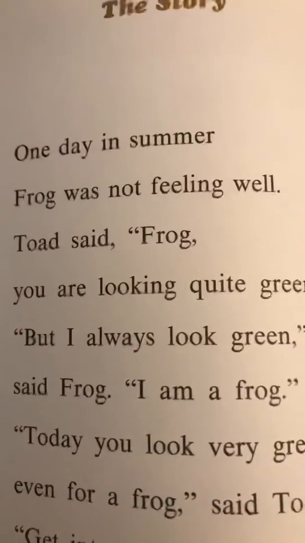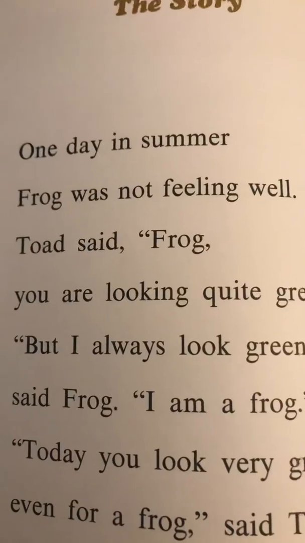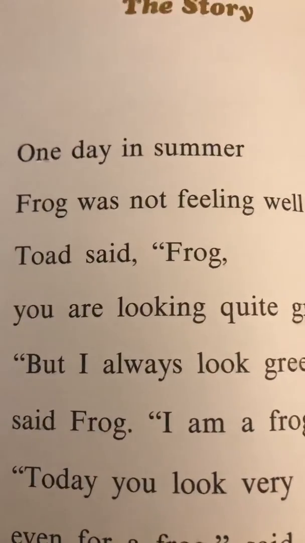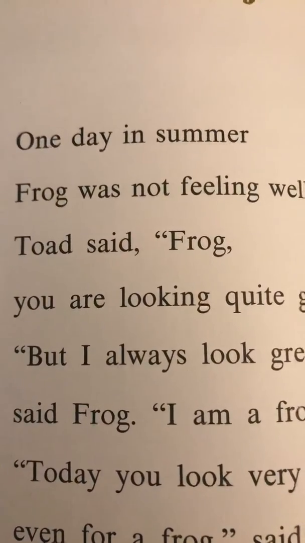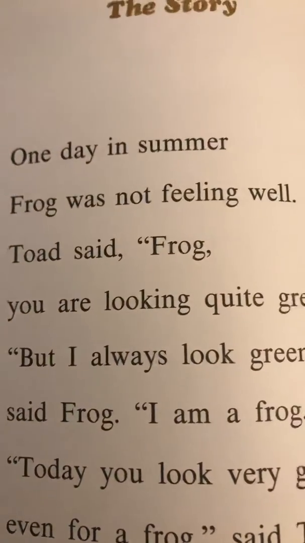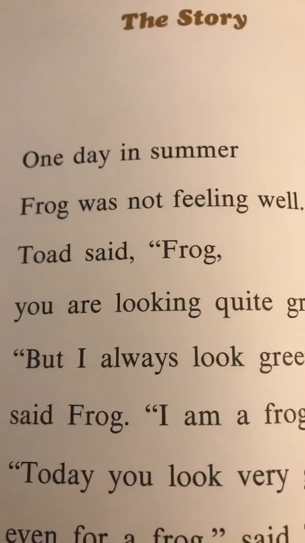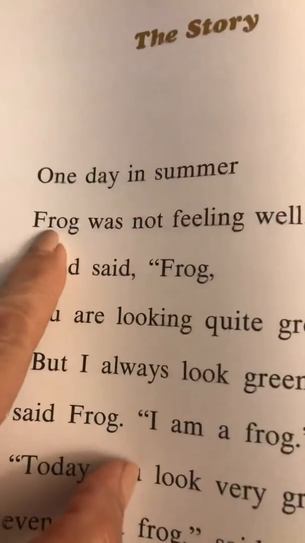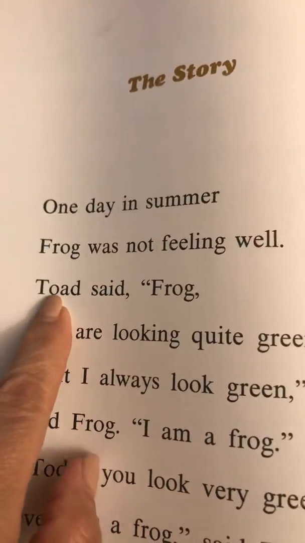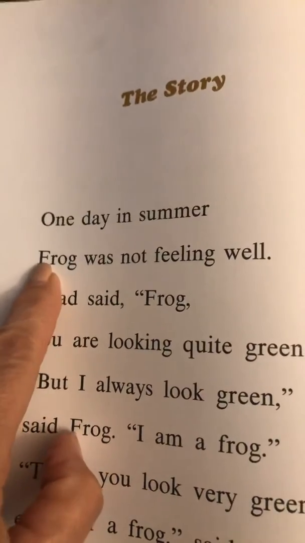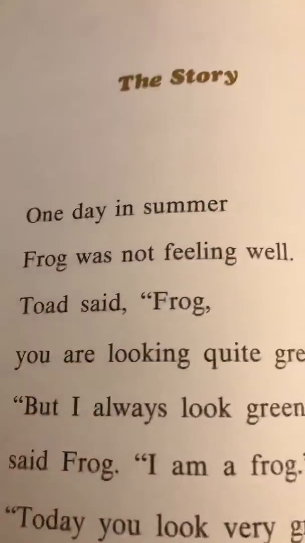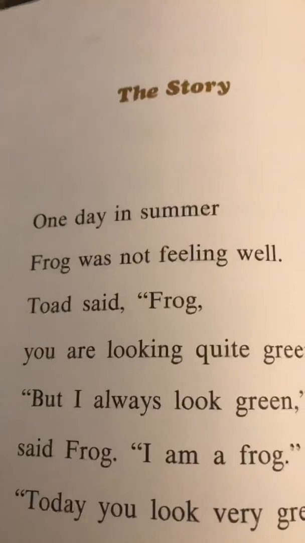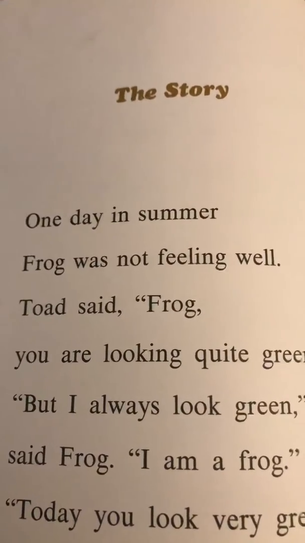See if you could find the word frog and the word toad so you can copy them as the name of the characters. Frog, Toad. And they do get a capital letter because in this story, that is actually their names, Frog and Toad.